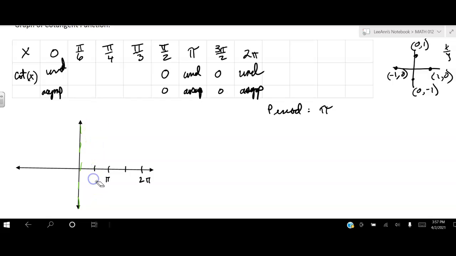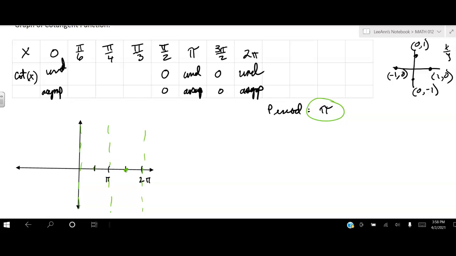I don't know what I was thinking there. Pi. Oops. Must be late in the day. Pi. And then 2 pi. Okay, so now we've got the asymptotes. And you could keep going further. We've actually gone 2 periods here because the period is pi. Okay. Now we can put the zeros in. There's one at pi over 2, and there's one at 3 pi over 2.